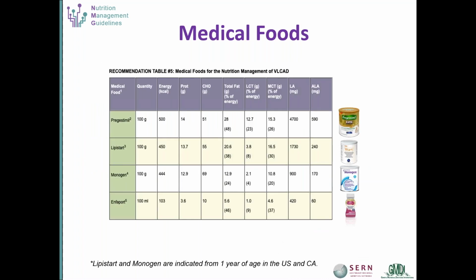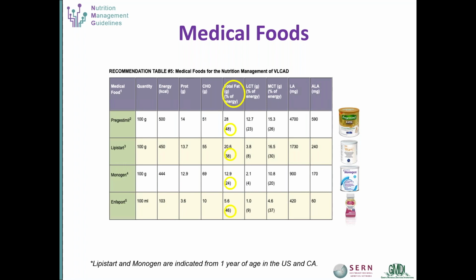This is a table in the guidelines with the different medical foods that are available. I know in Europe, Lipostart and Monogen are available. This table will provide the total amount of fat as a percent of energy.